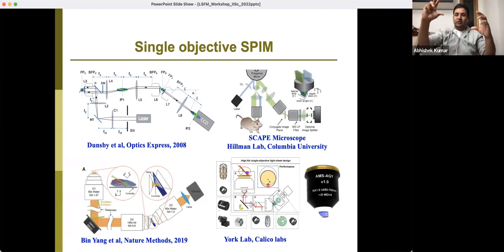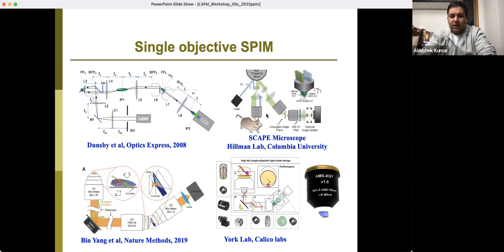So you need to rotate this plane, and that's why he has another pair of lenses here to rotate this image plane so that he can map it on this 2D detector. So it works beautifully, but the limitation is because of this lens L6 and L7 arrangement, you don't capture the full NA of your primary lens. What they call the first lens is the primary lens.